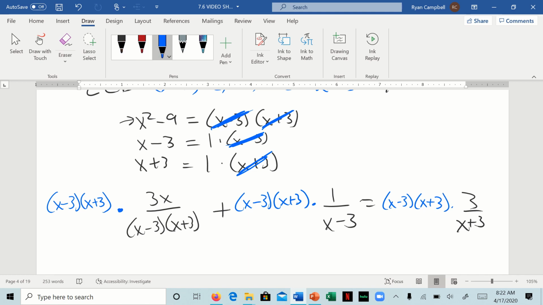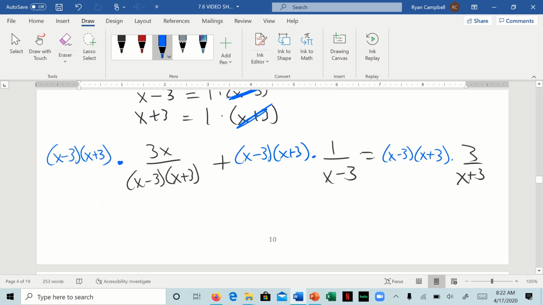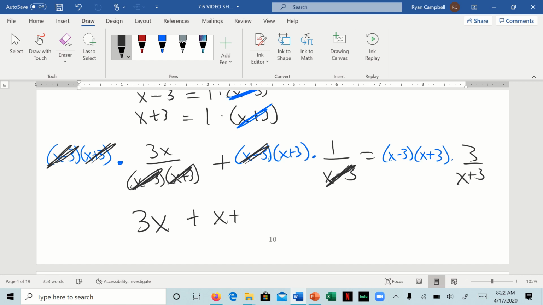All right, with the first term, we can see x minus 3's cancel, x plus 3's cancel, so we're left with 3x. For the second term, we can see that the x minus 3's cancel, so we get x plus 3. For the last term, we can see the x plus 3's cancel, so we get 3 times x minus 3.